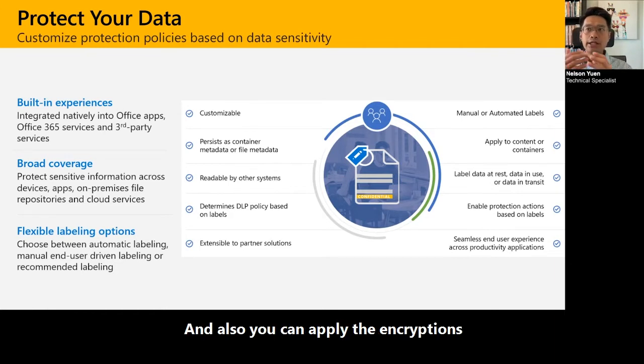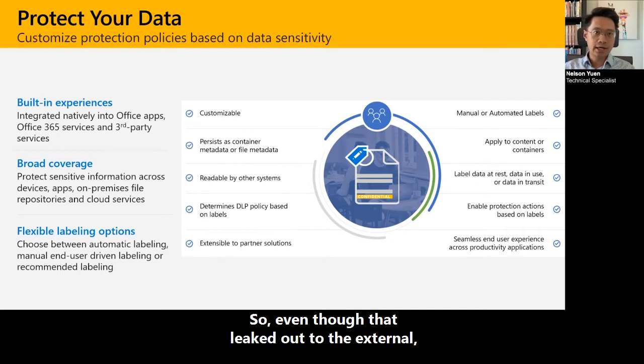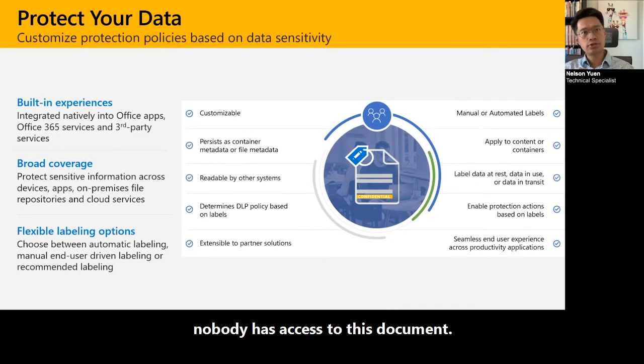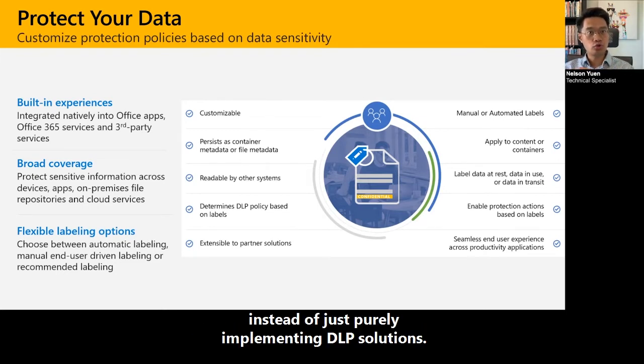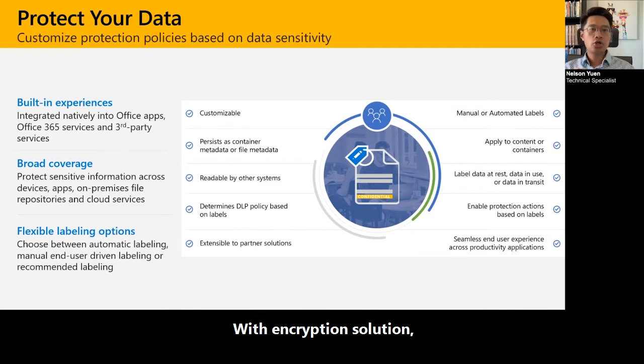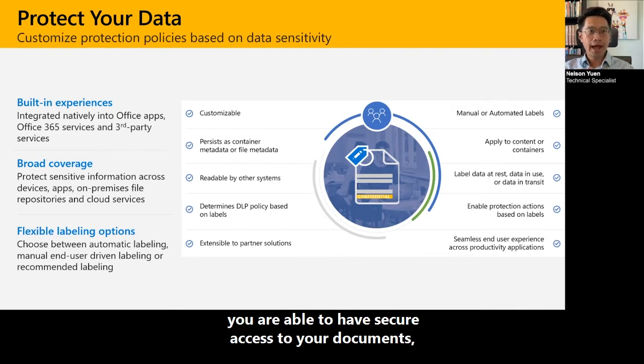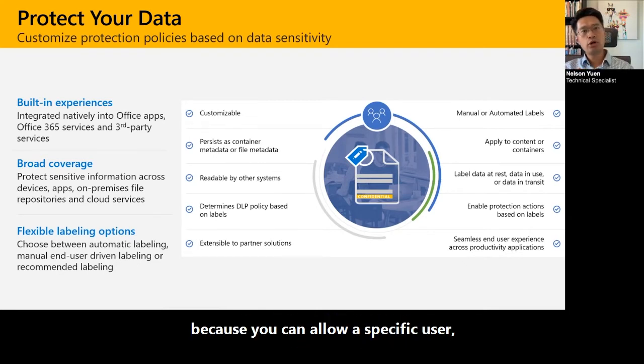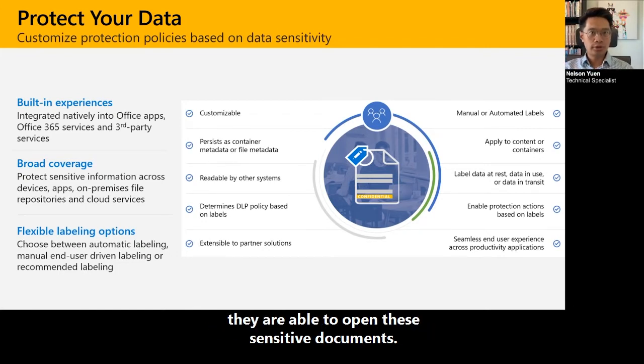You can also apply encryption so that only your employees can open and access this content. So even if it is accidentally leaked externally, nobody can access the document. This gives you an additional layer instead of purely implementing DLP solutions. With encryption, you are able to have secure access to your documents, and it also allows secure collaboration, because you can allow a specific user or a specific partner organization to open these sensitive documents.